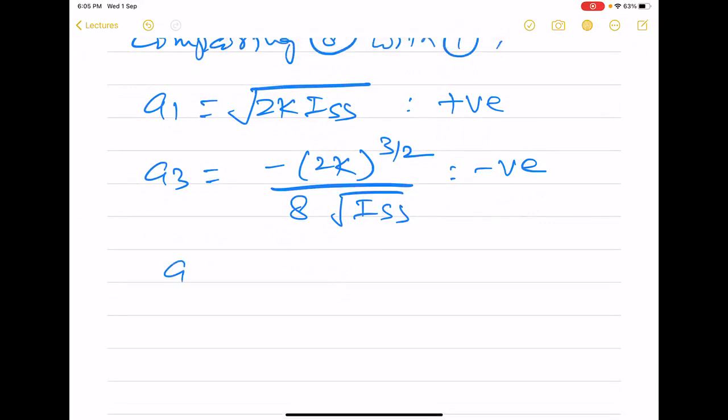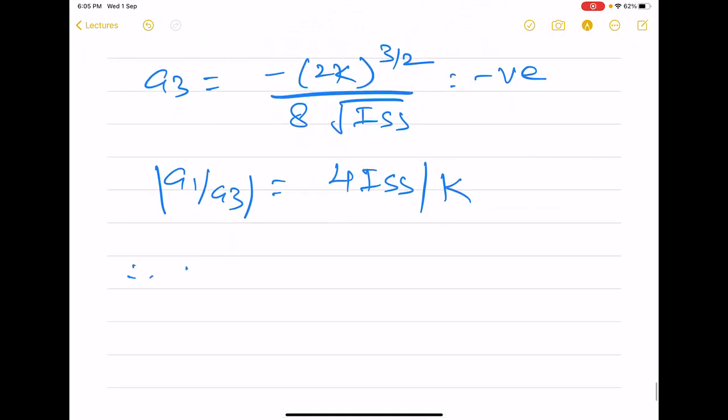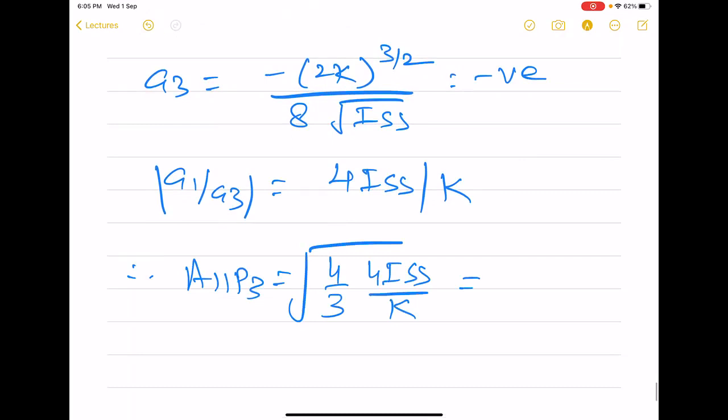Now this ratio A1 by A3 can be found out, which is 4 ISS by K. Therefore, one can find out AIIP3 as the square root of 4 by 3 times 4 ISS by K, which will finally simplify to 4 ISS by 3K.